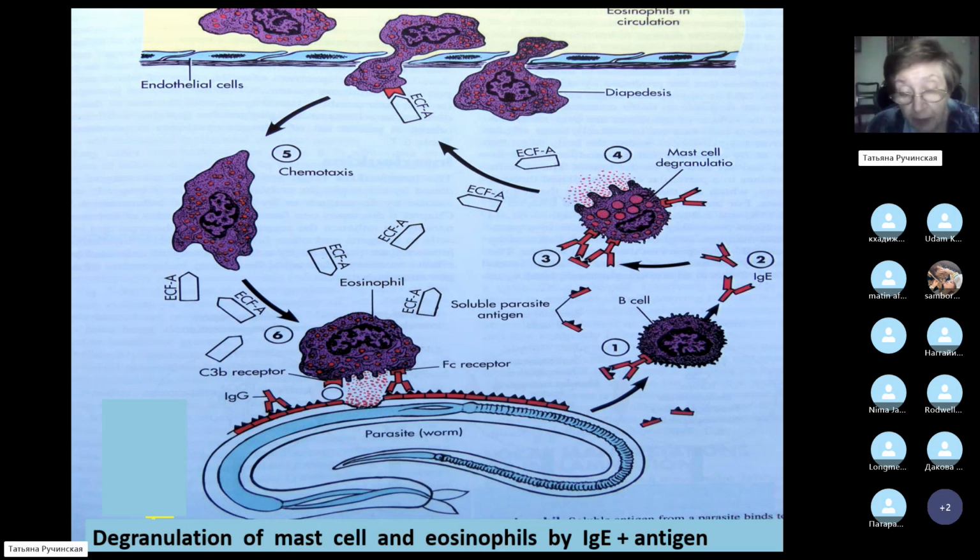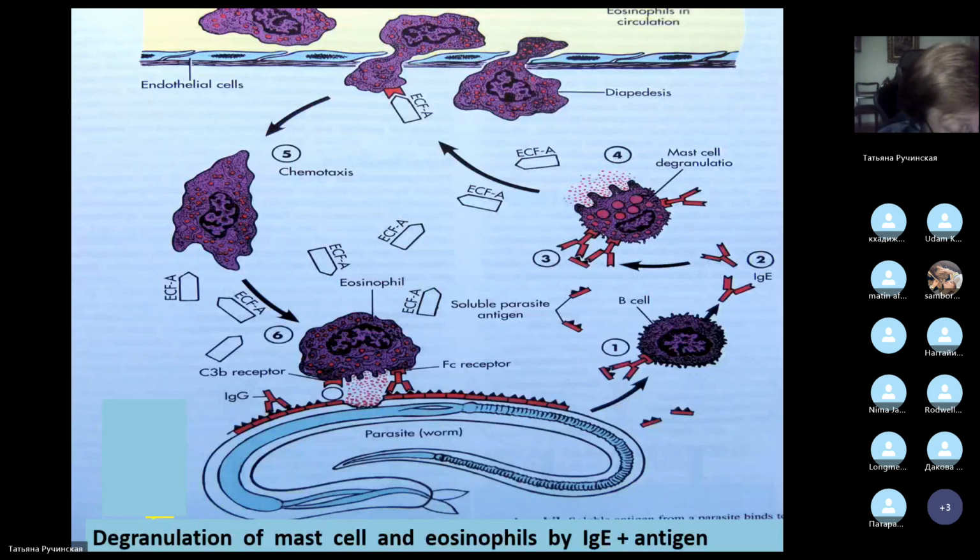But the eosinophil can release its mediators, which are in its granules, and these mediators damage the cuticle and further, as you see in the picture, the membrane of these parasites.